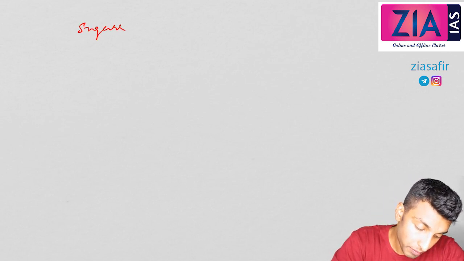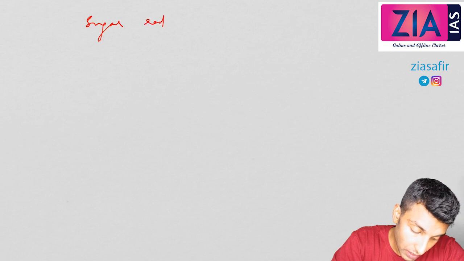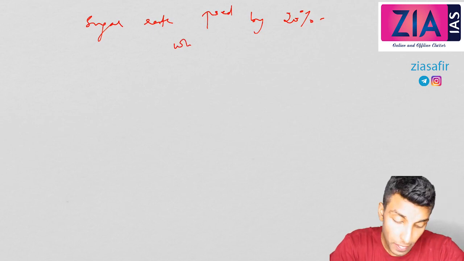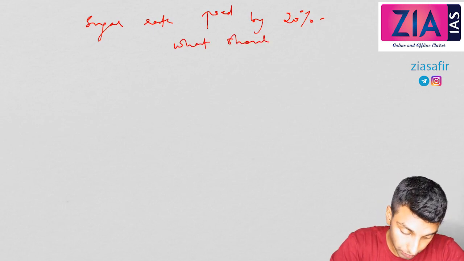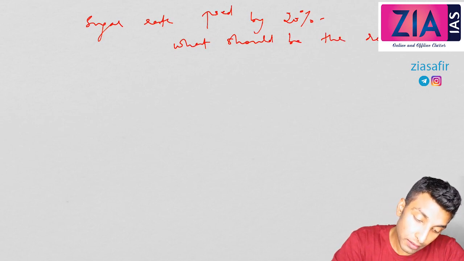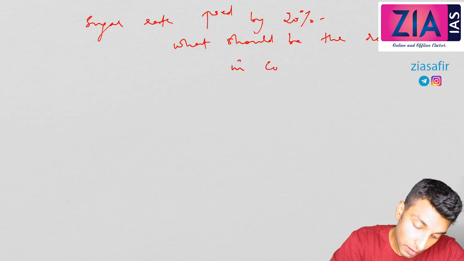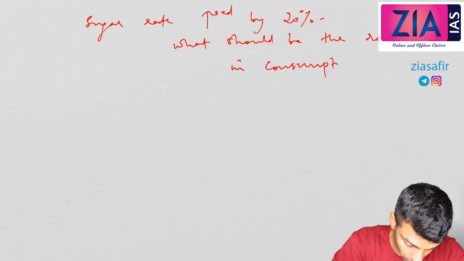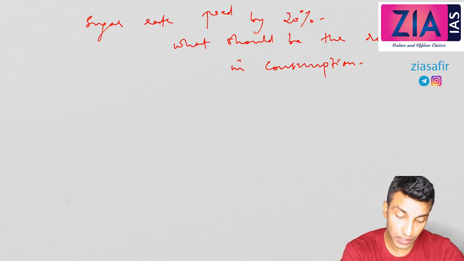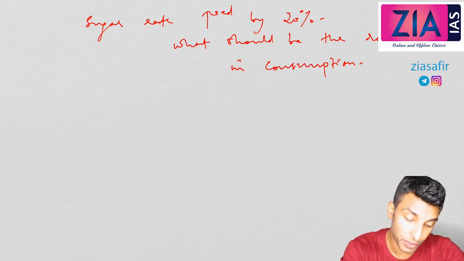The sugar rate increased by 20%. So what should be the reduction in consumption?